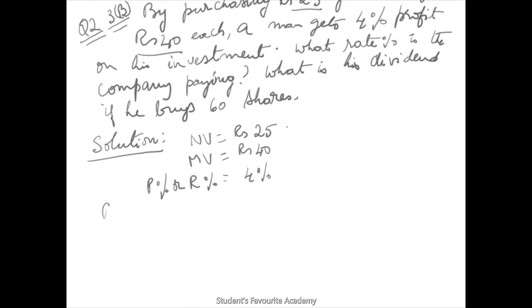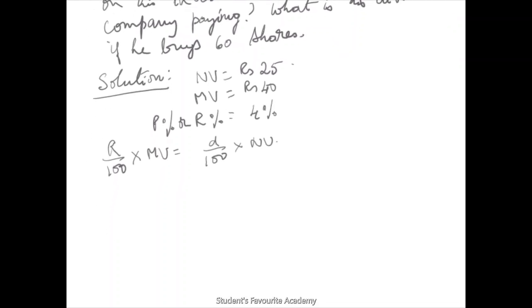So as per our formula, R percent upon 100 into market value is equal to D upon 100 into nominal value. So as per this, 4% of market value is 40 is equal to D, we do not know, D upon 100 into nominal value is 25. So 0, 0 cancels. Here 25 ones are 25, 4 fours are 4. And here you have 2 fives are, 2 twos are.